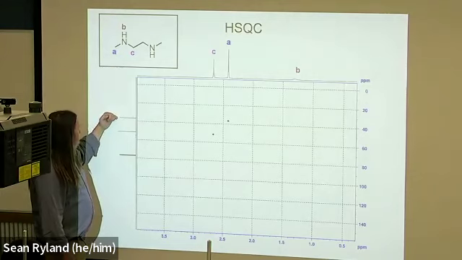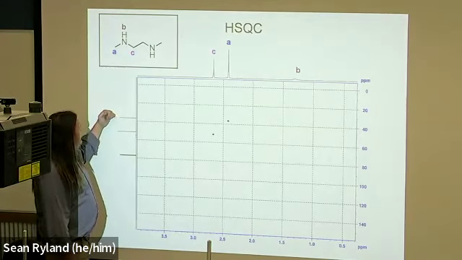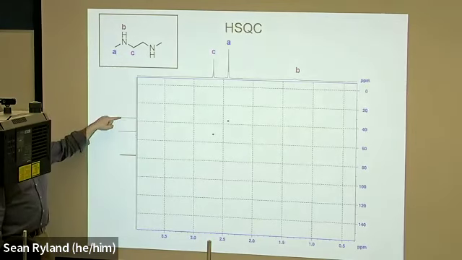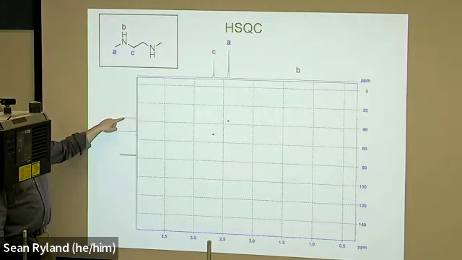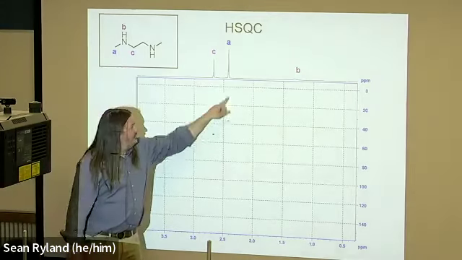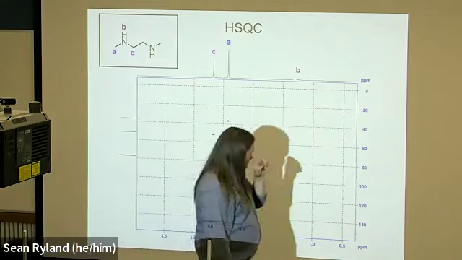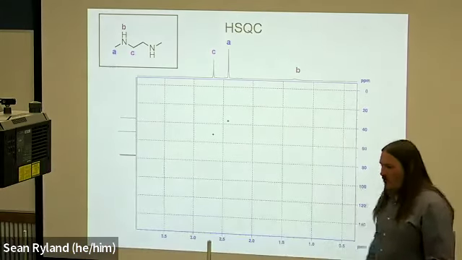And so when we're looking at this, this allows us very clearly to say, okay, I already looked at the carbon NMR and I already assigned the more shielded signal to be A, the methyl group. And then also the proton shows up in the same spot. So it really just allows us to do a one-to-one mapping.